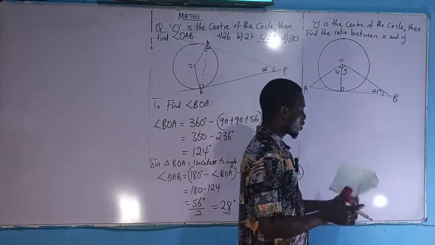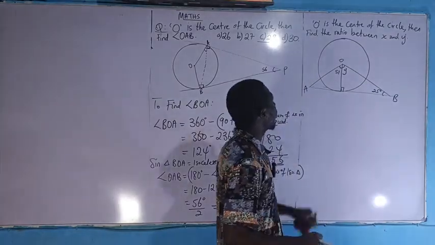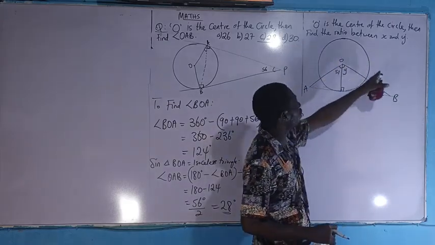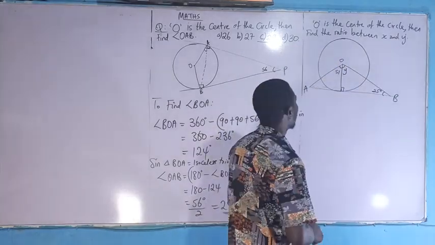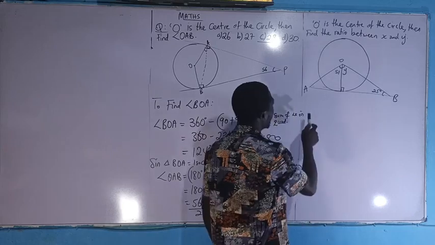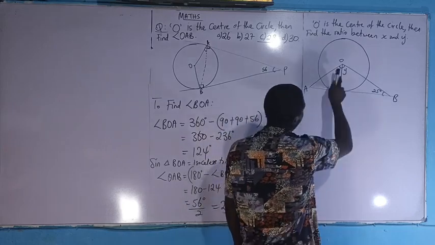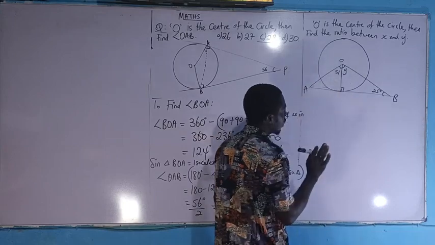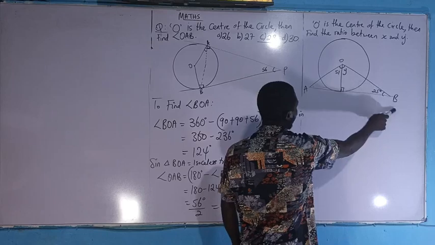Now let's look at the question. It says O is the center of the circle. Then find the ratio between x and y. Look at the shape given to you. It's a geometry. Look at this AO, so in the shape we have a triangle, which is AOB.